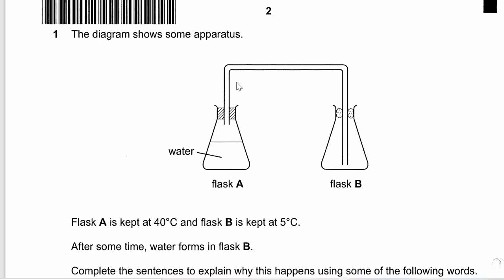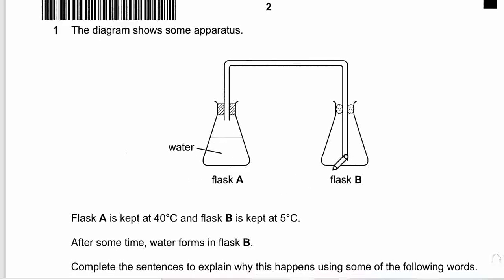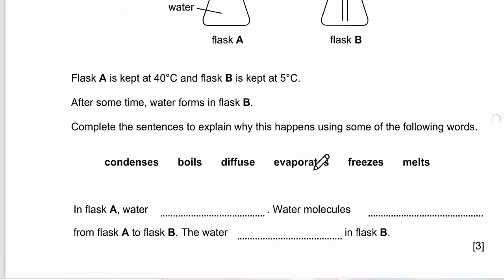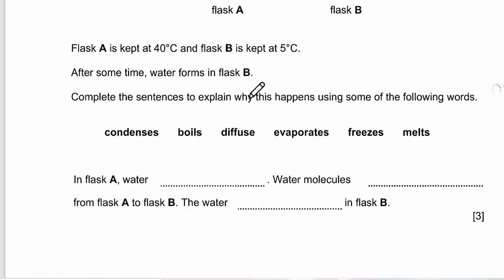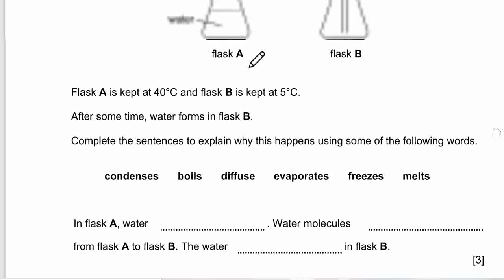Question 1. The diagram shows the apparatus of flask A and flask B, water and empty. Flask A is kept at 40 degrees Celsius and flask B is kept at 5 degrees Celsius.